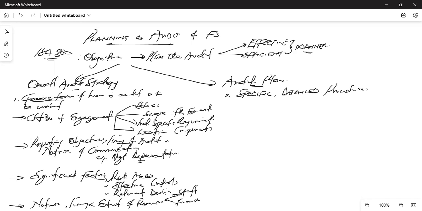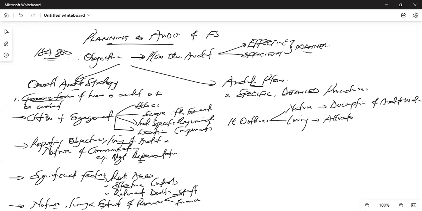Majorly, you will normally see the audit plan outlining the nature, that is the description of the audit work or the engagement. It also talks about the timing, here meaning the time that you allocate for the audit.